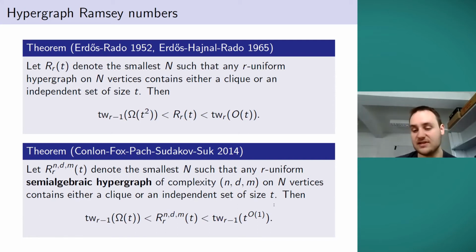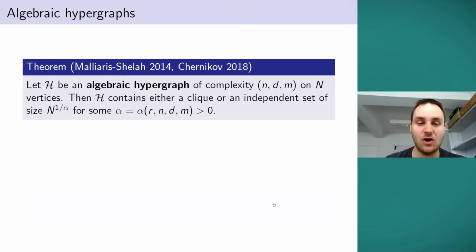So now it's natural to ask what happens for algebraic hypergraphs. And somewhat surprisingly, it turns out that algebraic hypergraphs behave very differently. The hypergraph Ramsey numbers of algebraic hypergraphs always grow polynomially. This follows from a result of Mubayi and Suk, and also proved independently by Chernikov.